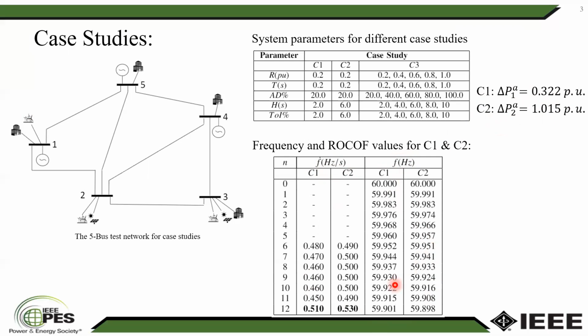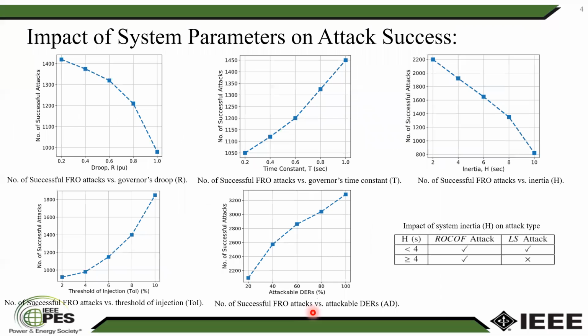The key point here is that in the 12th discrete time step, the attacker is able to take the ROCOF value of the power system beyond the threshold in this paper, which is 0.5. This makes the ROCOF relay of the synchronous generator operate and disconnect the generator from the power system.